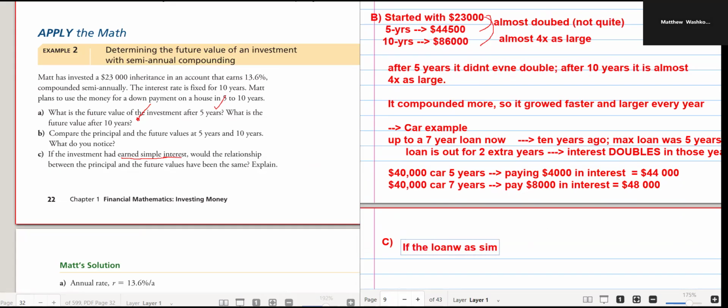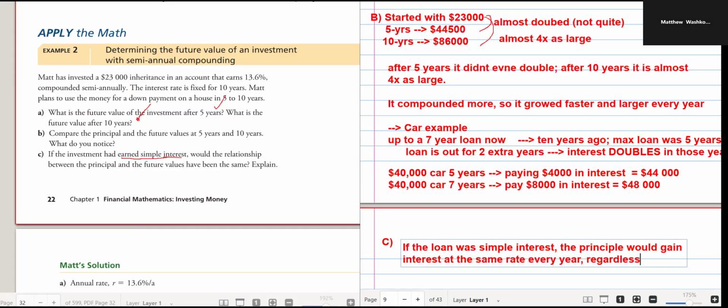If the loan was simple interest, the principal would gain interest at the same rate every year, regardless if it's 5 or 10 years.